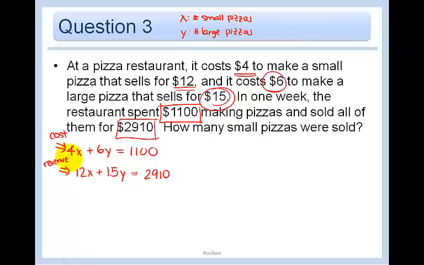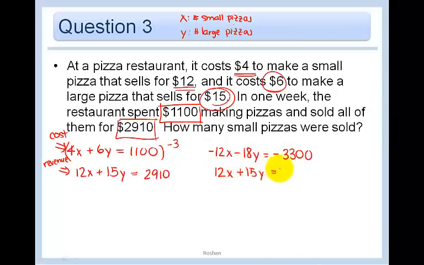We'll multiply by 3. Of course, we want this one to be negative, so let's go ahead and multiply this guy all the way through by negative 3, in which case we'll have negative 12x minus 18y is equal to negative 3,300. Keep the bottom one as is.